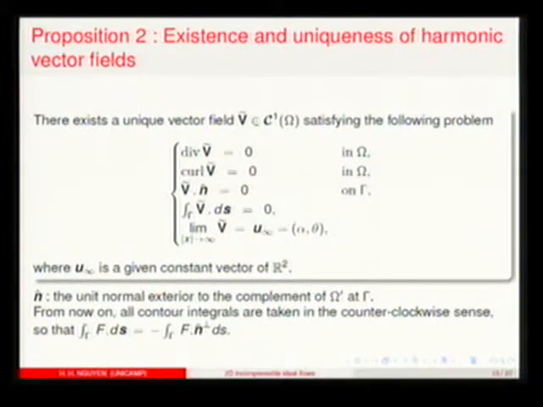For the harmonic vector fields, we can show there is a unique vector field V10 in C1 of omega, satisfying the following problem, with the conditions that the divergence and the curl, and the tangent of the smooth boundary, are 0, satisfying circulation 0, and this limit at infinity is the constant vector U infinity, which I write like alpha beta.